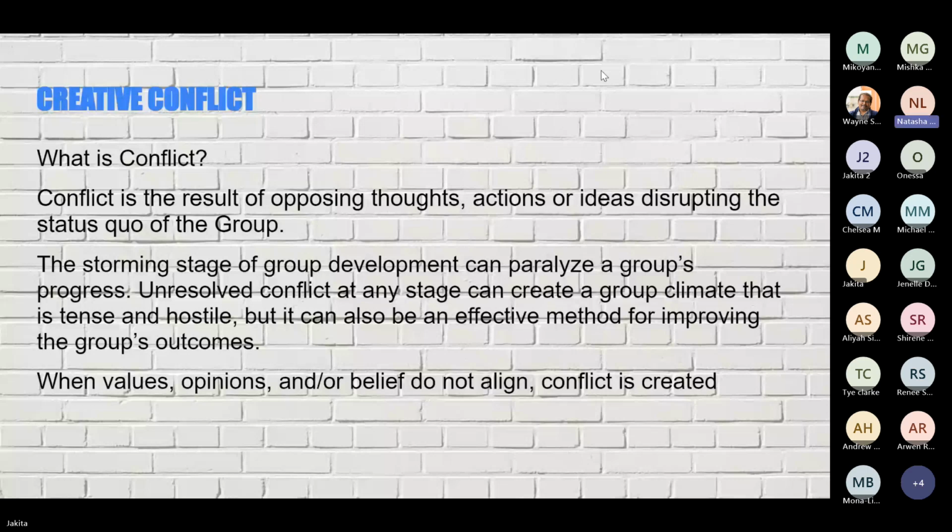The storming stage, as Chiquita just mentioned, of group development, can paralyze a group's progress. Unresolved conflict at any stage can create a group climate that is tense and hostile, but it can also be an effective method for improving the group's outcomes. And we're going to discuss that some further. When values, opinions, and/or beliefs do not align, we have conflict being created. Next slide.